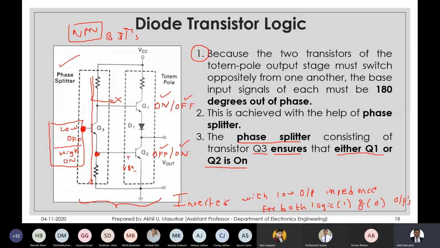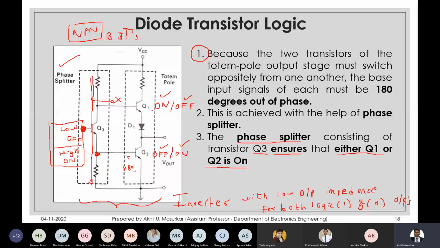Good. So things are going to be even more complex now. See, a gate looks very simple, but to achieve that functionality, it's a task. So now we just don't want a simple inverter. We want an inverter with low output impedance for both logic 1 and 0 operations.